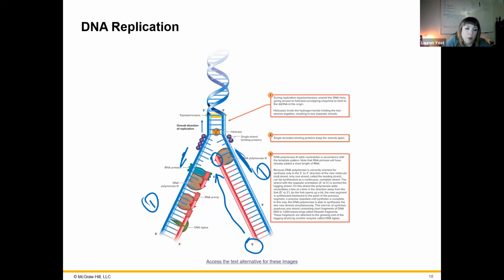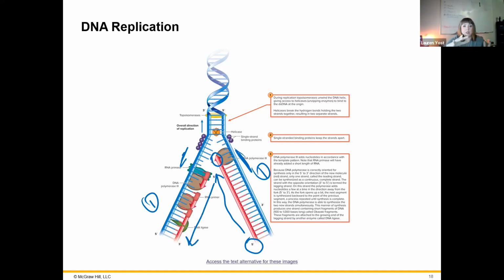However, as we go opening up, we cannot go this way. Impossible. This is against the laws of chemistry here. So that's the rule with DNA polymerase. They can only move in the 5' to 3'. So that means that the only direction that we are able to move is going to be in this direction.